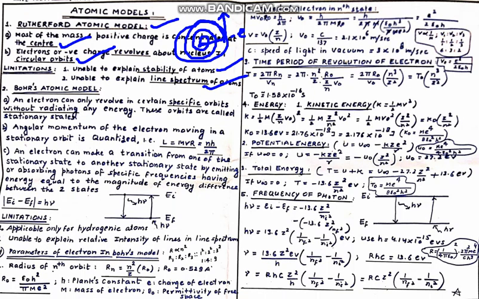And the second thing is that it is unable to explain the line spectrum of atoms, because as the electron is continuously accelerated, its speed and frequency of revolution are continuously changing. And as per the classical electromagnetic wave theory, the frequency of electromagnetic waves created by a charge is equal to the frequency of oscillation of that charge.